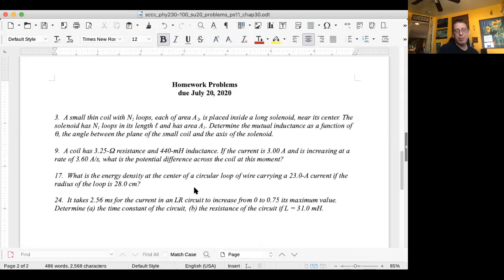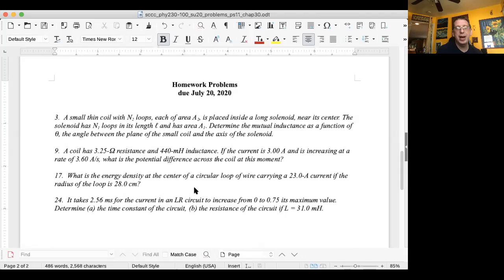And then the very last problem is number 24. It takes 2.56 milliseconds for the current in an LR circuit to increase from 0 to 0.75 of its maximum value, so from 0 to 75% of its maximum value. Determine the time constant of the circuit.